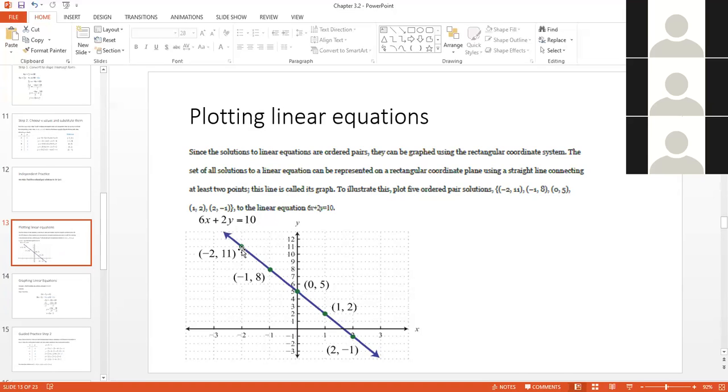Now they're going to plot them on the graph to see what happens. All these points are collinear, so they make a line. I'll show this to you later. I'm going to show you something.